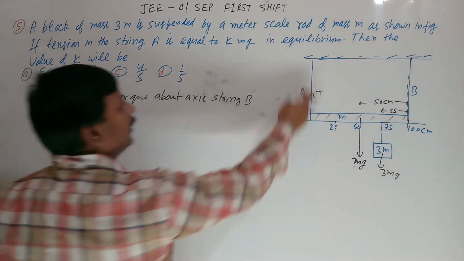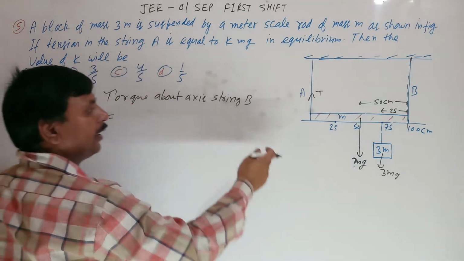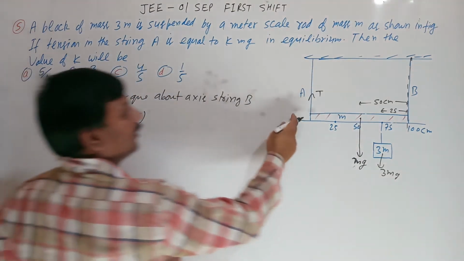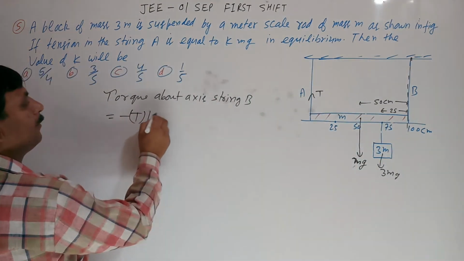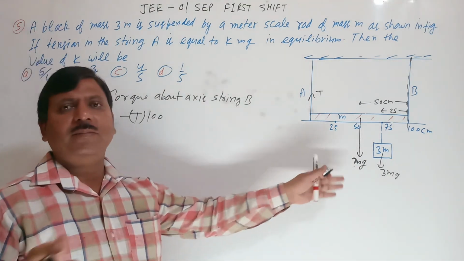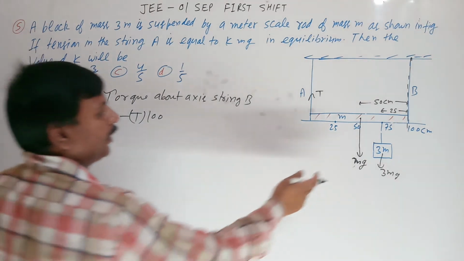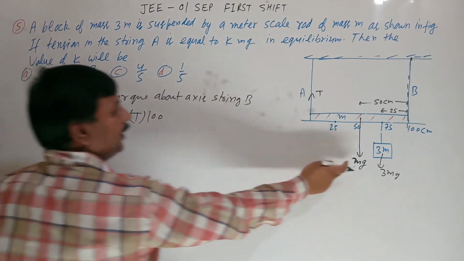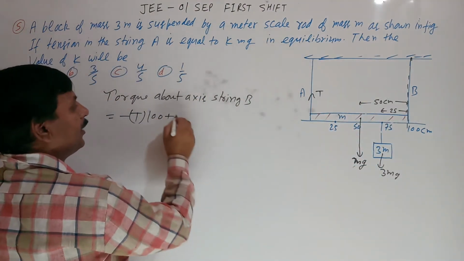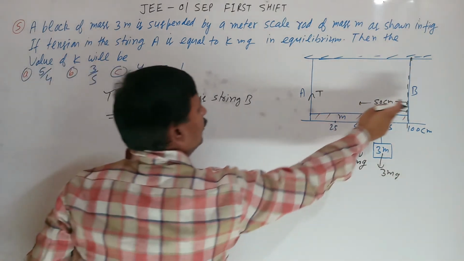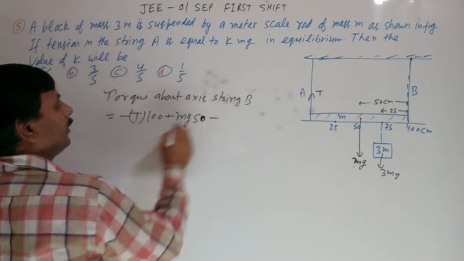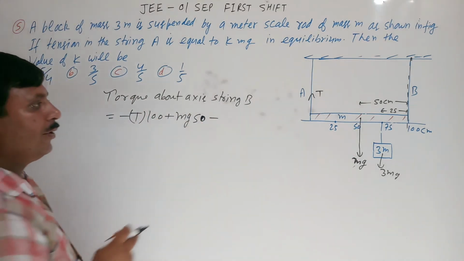So tension T into distance 100 centimeter, we are taking the CGS system, centimeter gram, is negative. The weight mg into 50 cm is anti-clockwise, so positive.